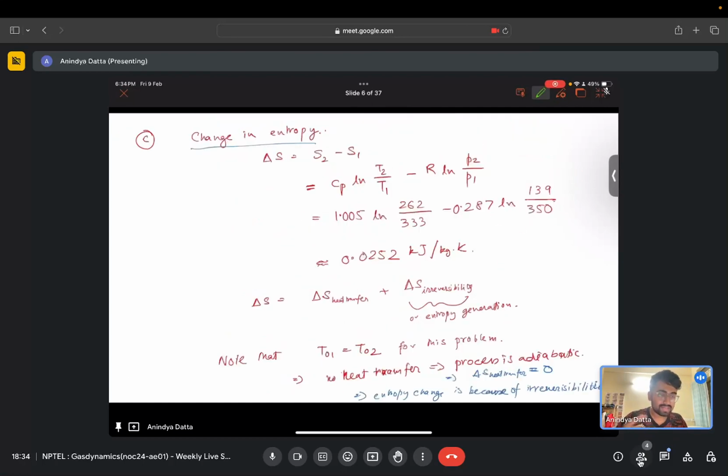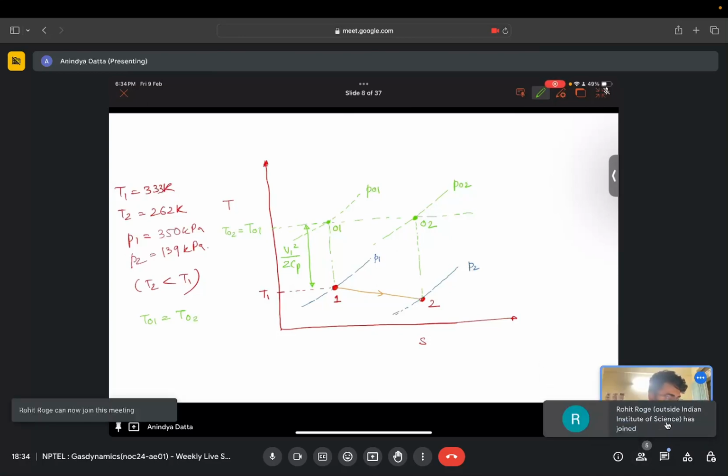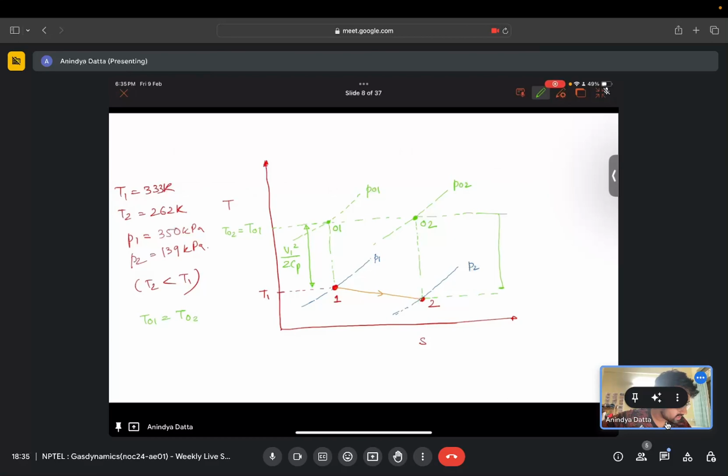So this vertical part is v1 square by 2 cp, and here T02 minus T1, this vertical distance, is equal to v2 square by 2 cp.